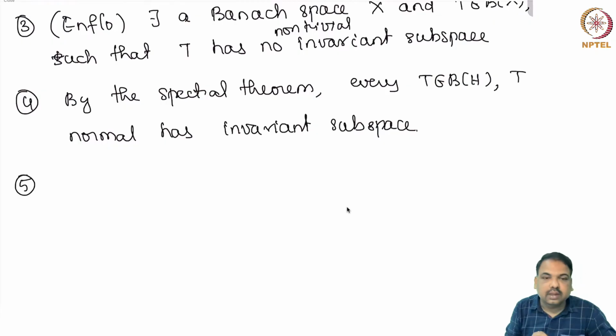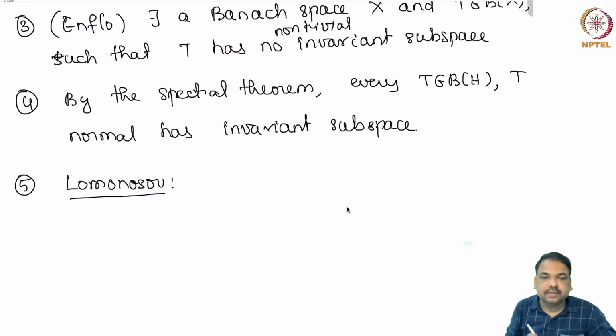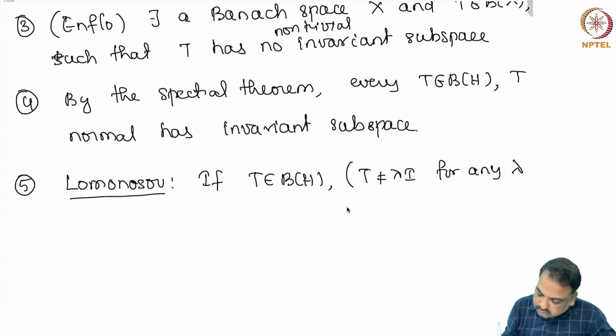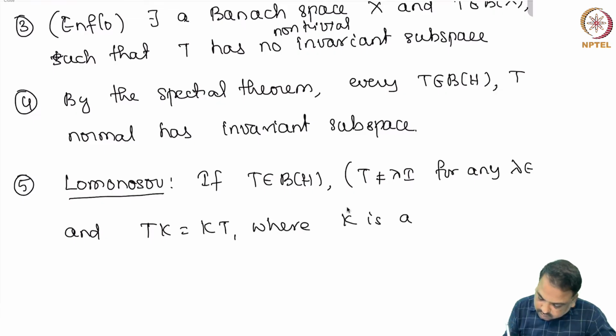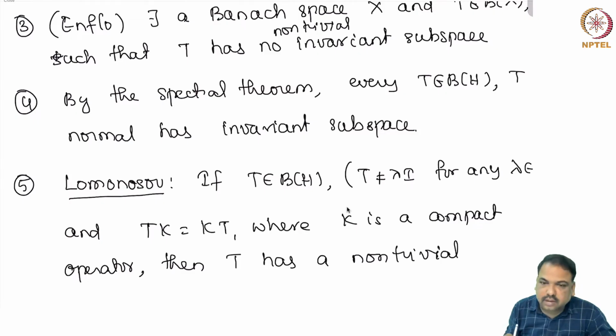And there is a very well known theorem by Lomonosov. It says that if T is an operator which commutes with a compact operator, that is TK equal to KT, where K is a compact operator, then T has a non-trivial invariant subspace.